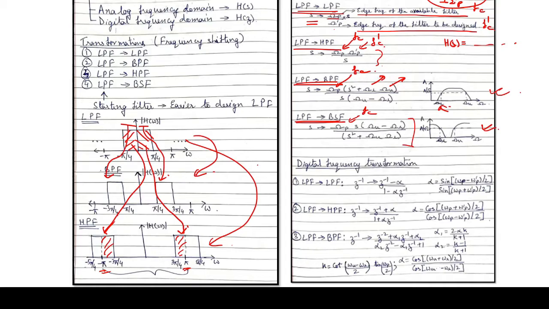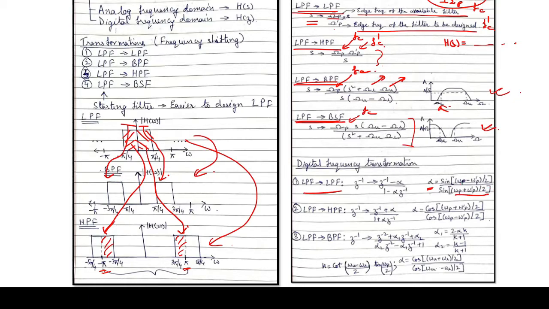Now next comes the digital frequency transformation. Here, again, your LPF will be converted to LPF. Z inverse will be transformed to Z inverse minus alpha divided by 1 minus alpha Z inverse. This alpha is sine of (omega p minus omega dash p) divided by 2, divided by sine of (omega p plus omega dash p) divided by 2.